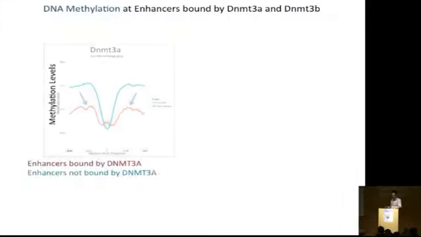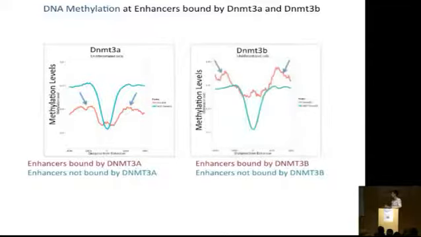The DNA methylation at enhancers shows that the enhancers bound by DNMT3b are hypomethylated compared to the others. Instead, the ones that do not contain DNMT3b are at a higher level of DNA methylation, especially around the enhancers.